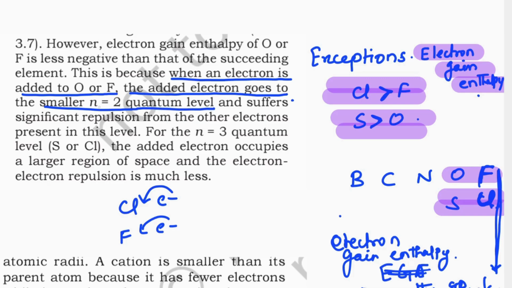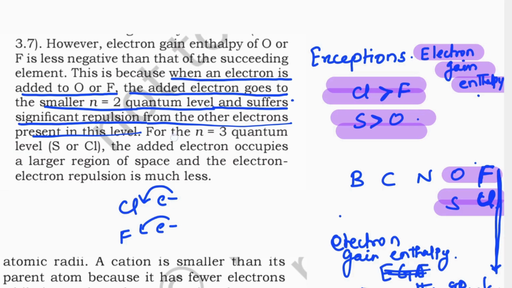So when n is equal to 2, it will suffer a significant amount of repulsion from the other electrons present in this level. Why? Because we have very small size, n is equal to 2 only. So it will experience a greater amount of repulsion, and it will have less electron gain enthalpy.